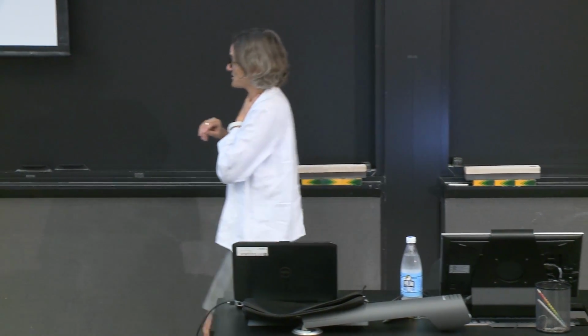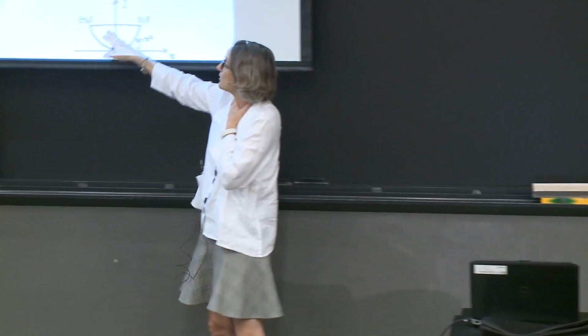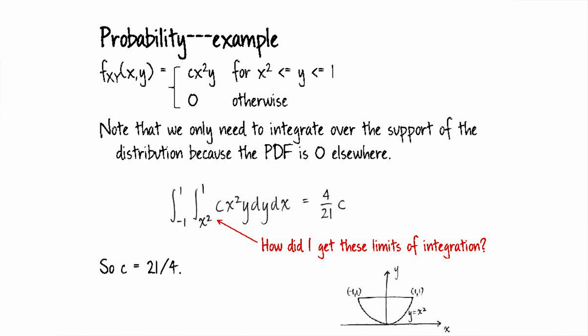Okay, so here's the support, and what I'm doing is integrating first over y, and y takes on values from x squared up to 1. Okay, and then the outer integral is over x, and x takes on values from -1 to 1. Okay, and I could have done the integration in the other order as well, and that would have worked just fine.